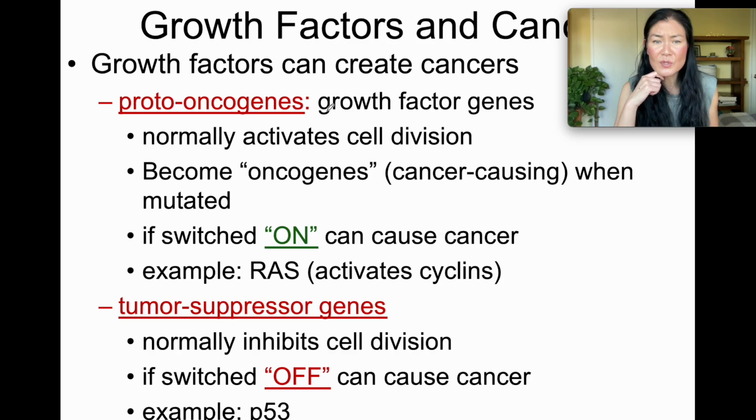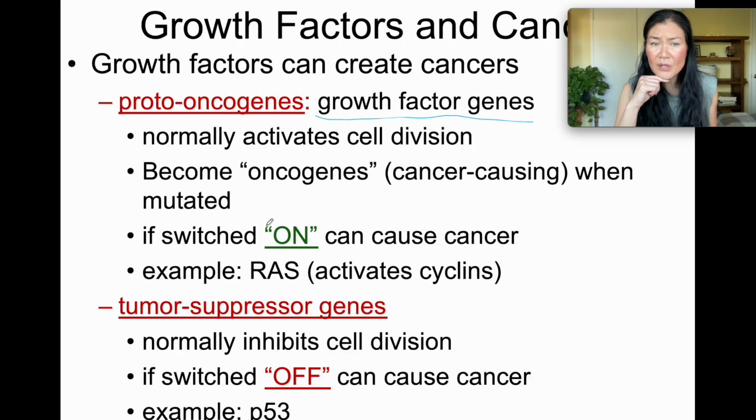Proto-oncogenes are genes that are responsible for making growth factors, but if these genes are mutated, then they will continually make growth factors. And you saw on a previous slide how growth factors stimulate cell division, right? So if these genes are out of control, then they will cause the cell to continually divide and cause cancer.